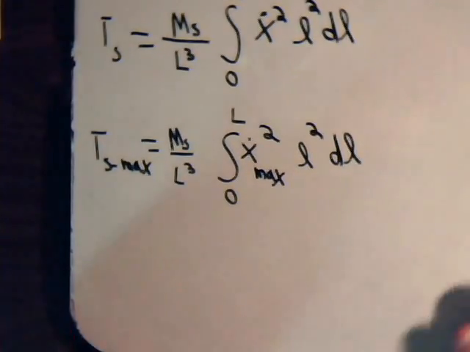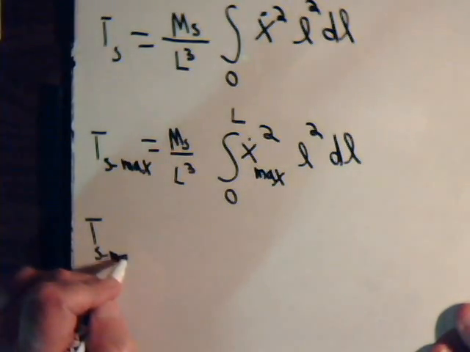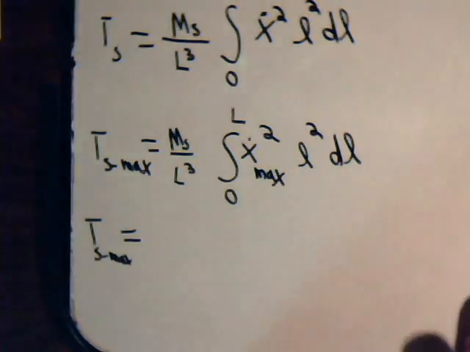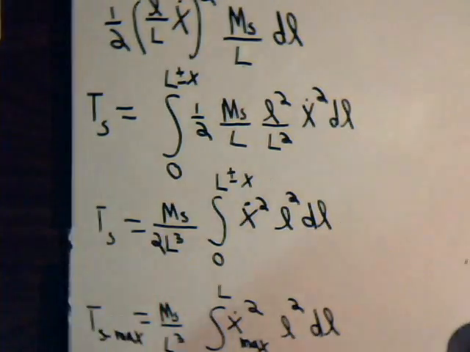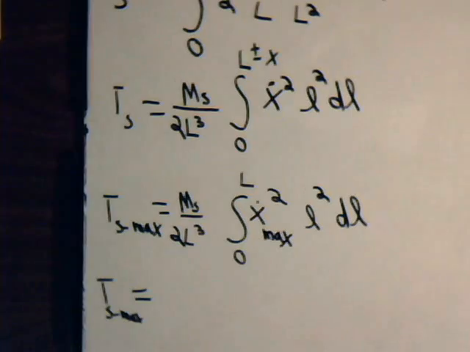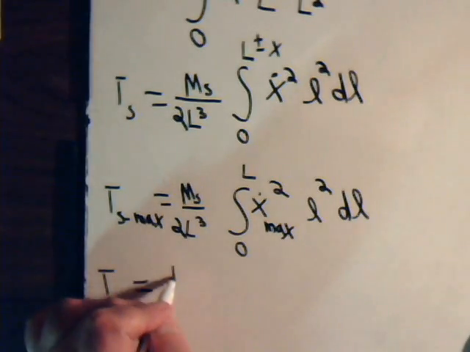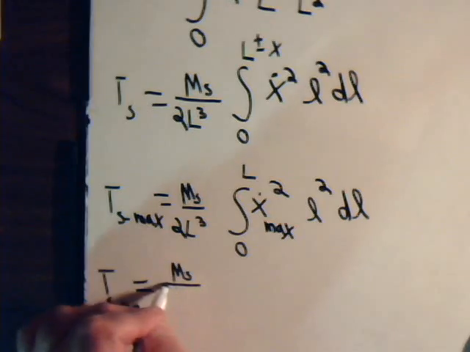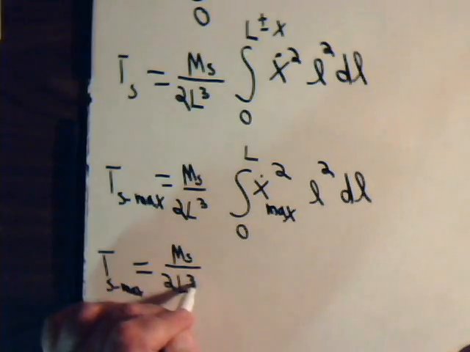So now we have the maximum kinetic energy of the spring equals, oh, and we forgot something else. Let's go back up to here. Here we had a 1/2, so here we should have 2L cubed. And here this should be 2 times L cubed. So here we have now the maximum kinetic energy of the spring is going to be its mass divided by 2 times L cubed.